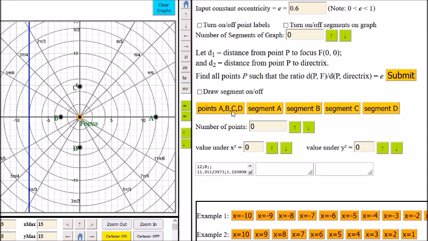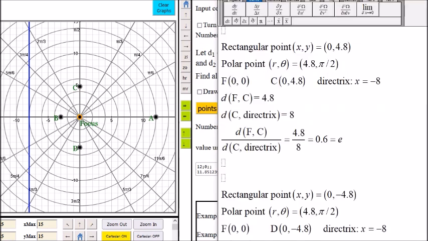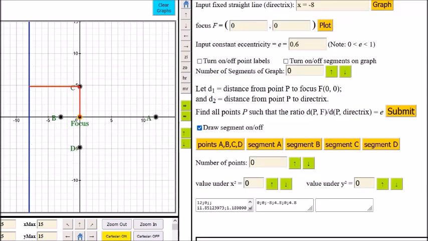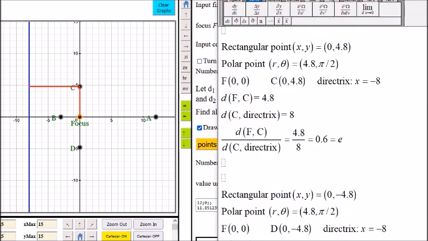And now let's look at these 4 points. So I have points A, B, C, D. Let's take a look at point C and calculate the distance from here to here and the distance from here to the directrix. Point C is located at 0, 4.8.